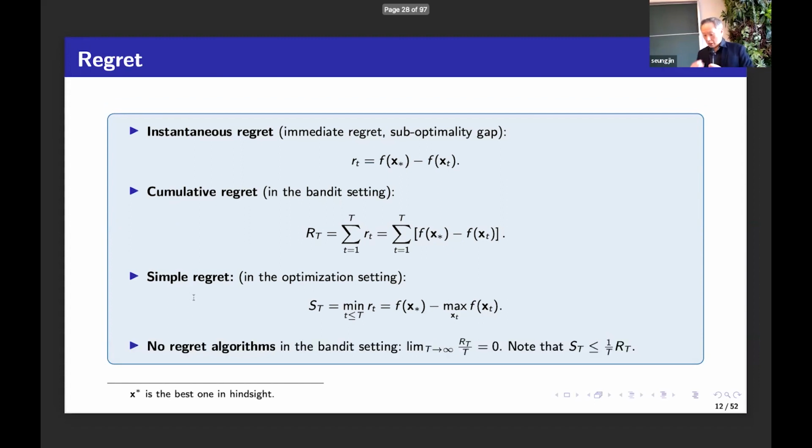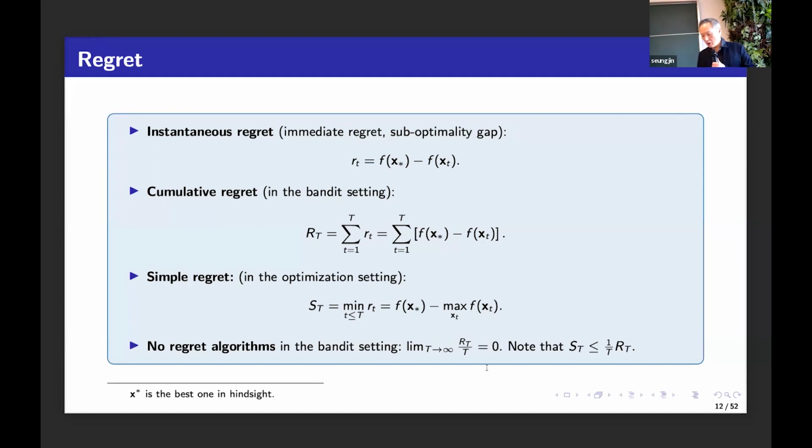If we design an algorithm, we would like the accumulation of the regret to grow sublinearly. In other words, if we increase the number of rounds, the cumulative regret divided by the number of rounds should approach zero. This means we just keep trying, and at the end of the day we will be able to find the global maximum.